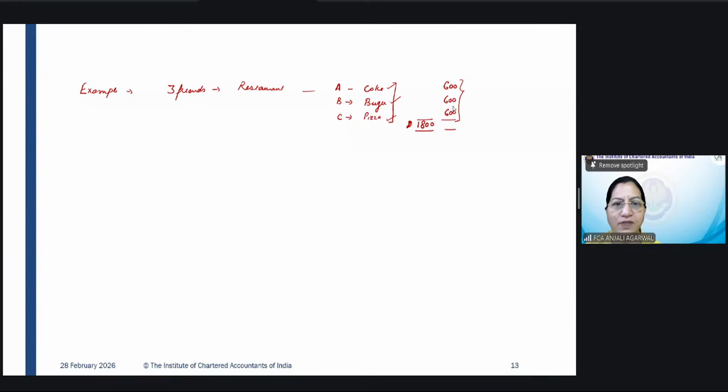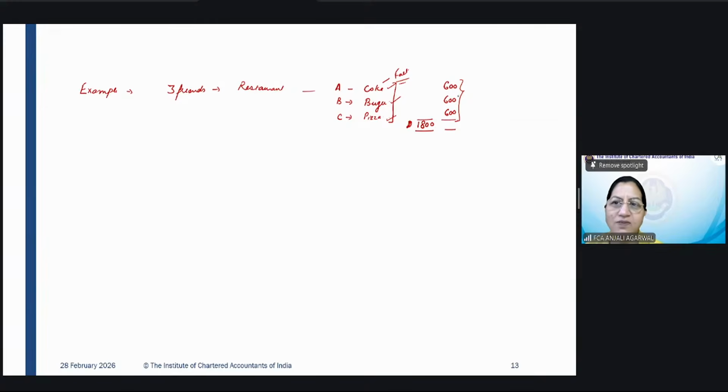Now, if someone finds out that no, this is not the right way, why? Because A was fasting, why should he bear for the burger and pizza? Then it becomes a technical estimate. Otherwise, you are not getting into the very detail of how big a segment of burger you ate, what chunk you ate, or whether the size of the pizza segment you ate was smaller than the pizza segment A or B ate.